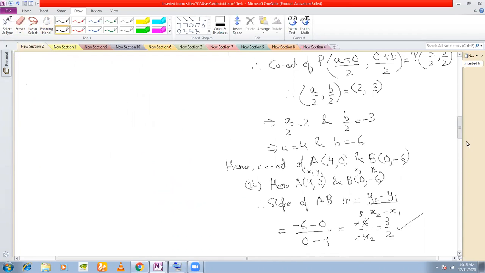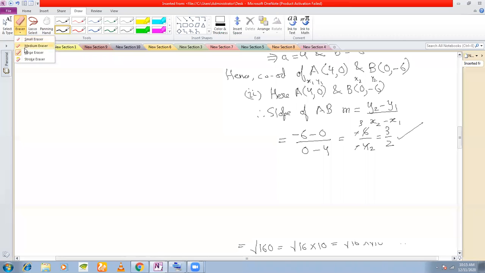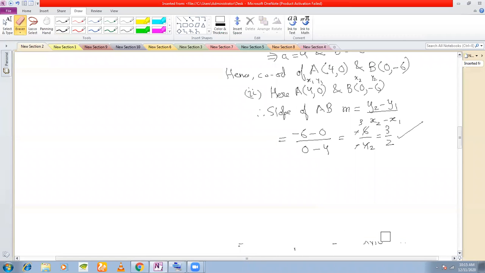Let's choose A. Since we have a 0 in A, you can choose B also. A more convenient point. Here, slope of AB, m, is equal to 3 by 2. And the coordinates of A here is (4, 0). So this is my m and this is my (x1, y1).